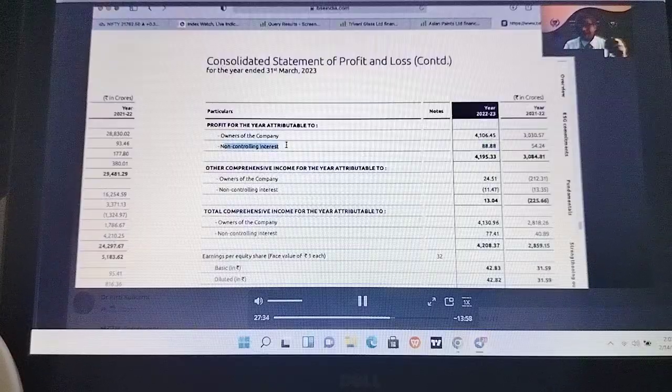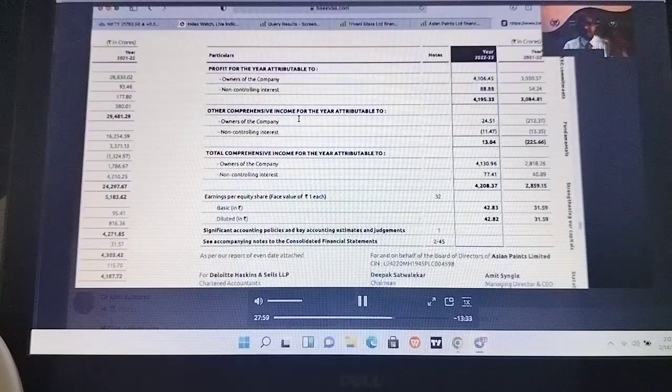It means there are smaller companies, subsidiaries, which are not controlling, but still their income is added here. So smaller companies' income is also in the consolidated total. The total consolidated profit is 4,900, 4,195. Forget these, they are just repetition.